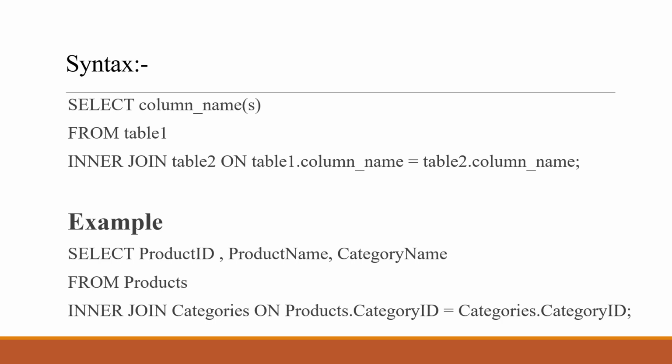Select product ID, product name, category name from products, then inner join categories on products.category ID is equal to categories.category ID. Semicolon. Semicolon is important.